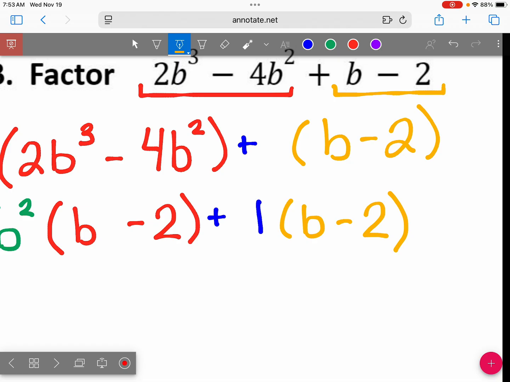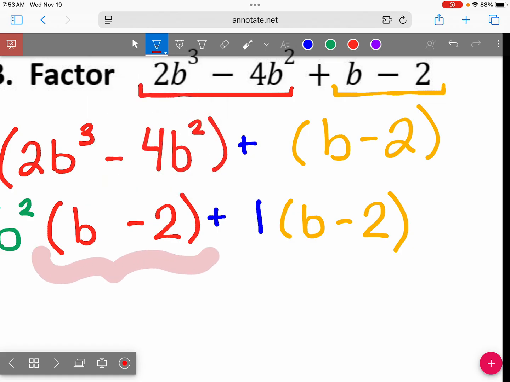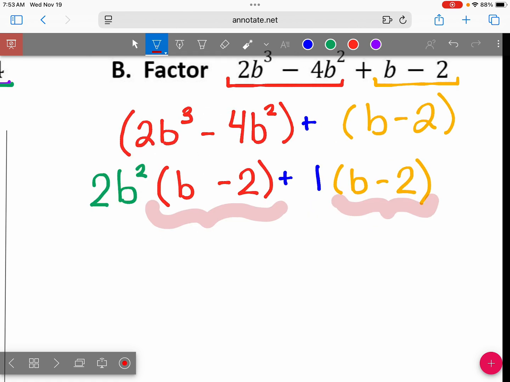And again, if I was to stop here and redistribute all my stuff out, we would get exactly what we started with. Then we're going to take the fact that we have the exact same piece here and here to pull this out as its own little factor.